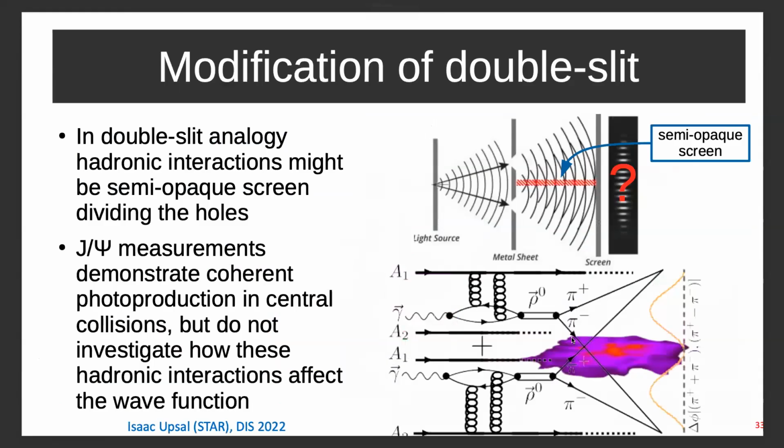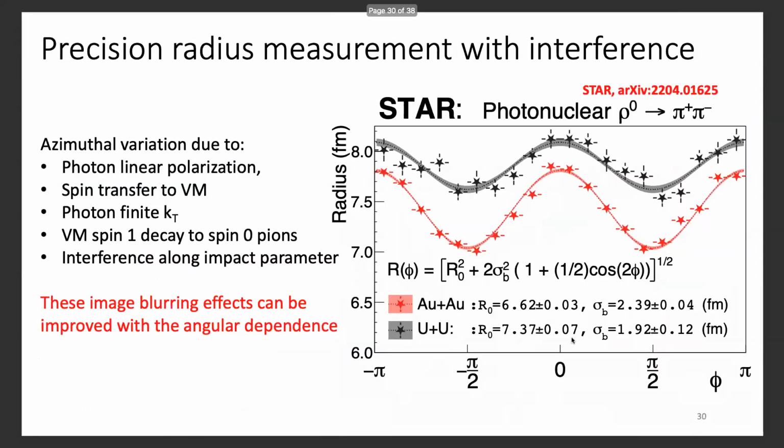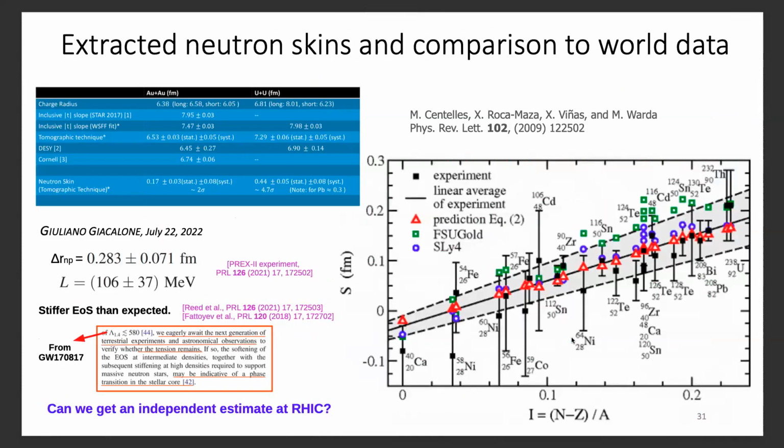Right? Sorry, what were the 3 points? Yeah, 3 points, what are they? So this is the gold we measure, with 0.17. Oh, yeah. Okay. Neutron skin from this method, 0.17 for gold, 0.44 for uranium. Yeah. The other one is the PREX measurement.